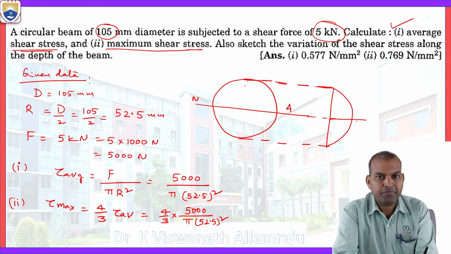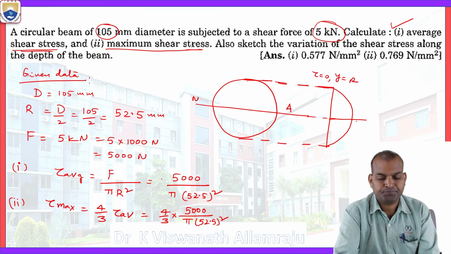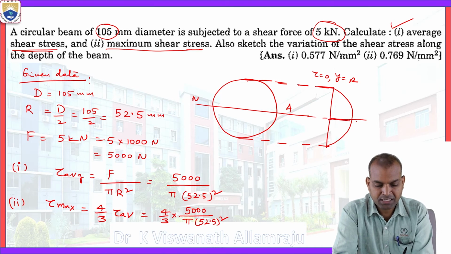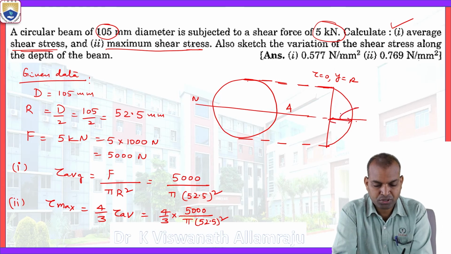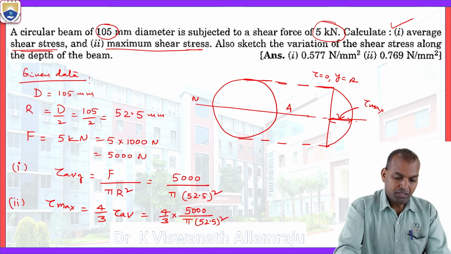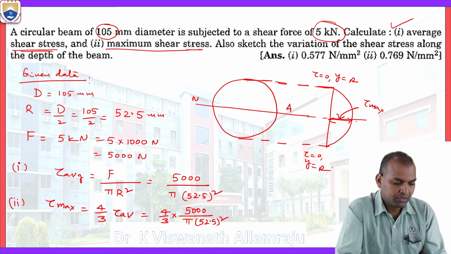Here where y equals r, the tau equals 0. The shear stress is 0 at y equal to r. The shear stress is maximum at the neutral axis. Substitute the maximum stress value here, that is the tau maximum. Again the shear stress equals 0 at y equal to r.